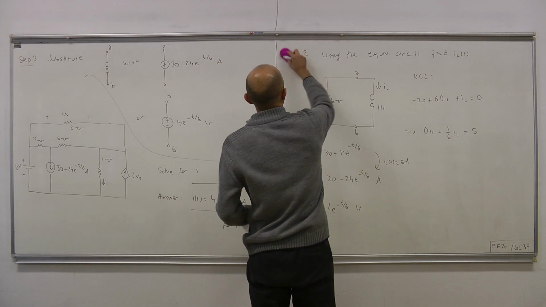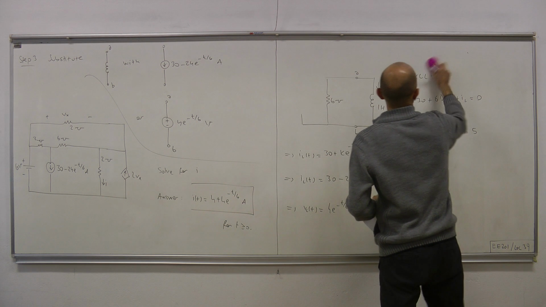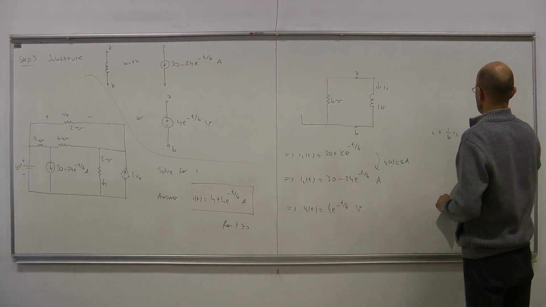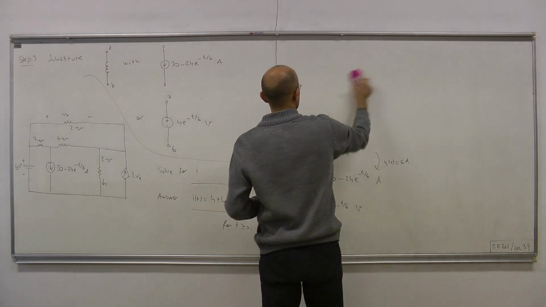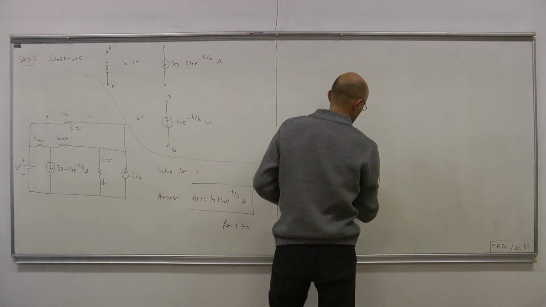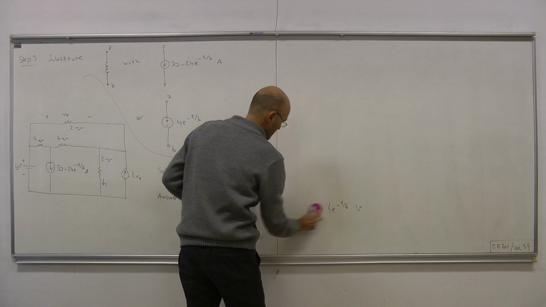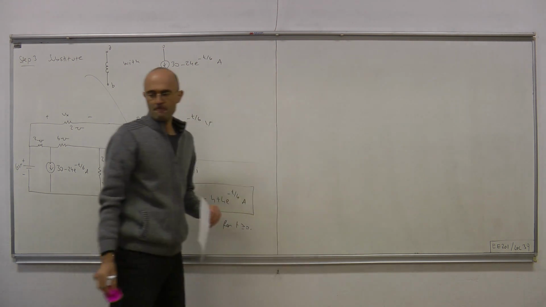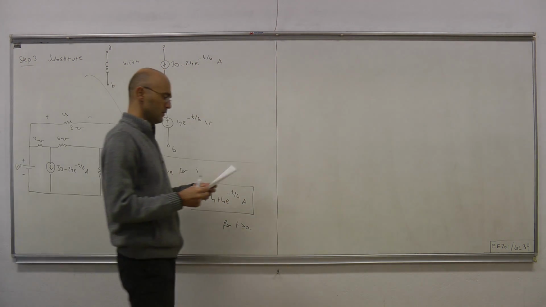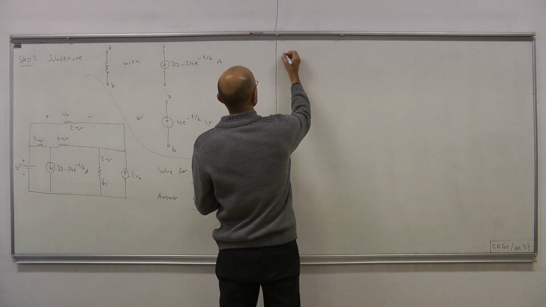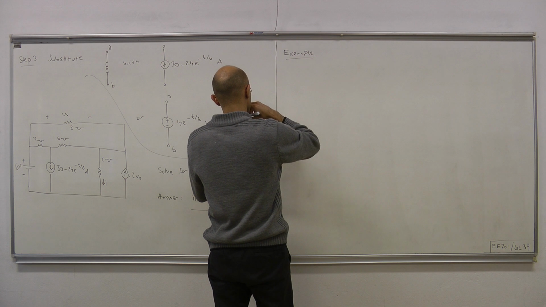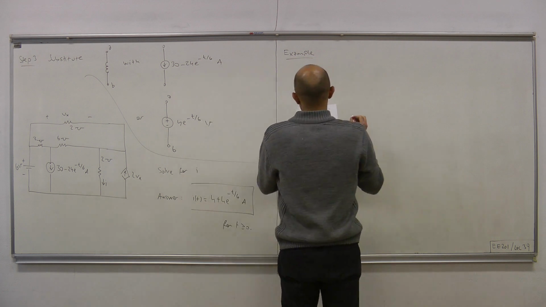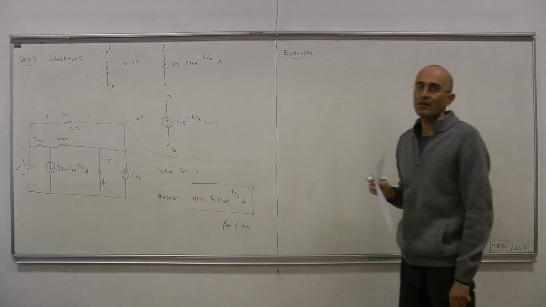Now, we will move on to our third example. Now we have in this example a bank of capacitors.